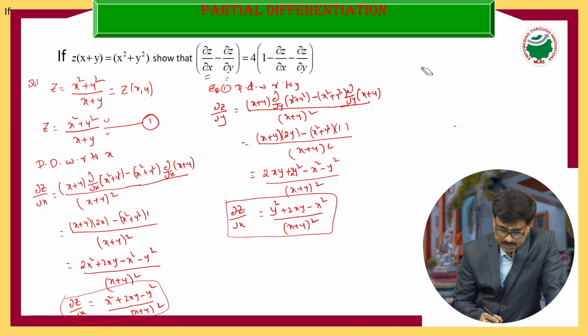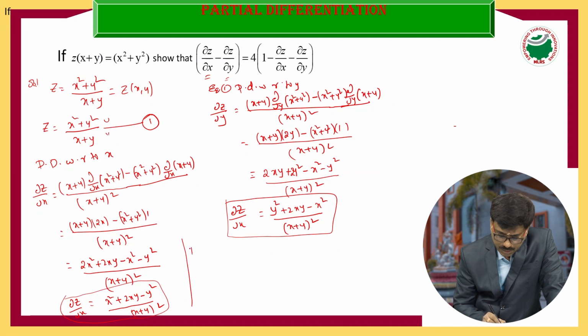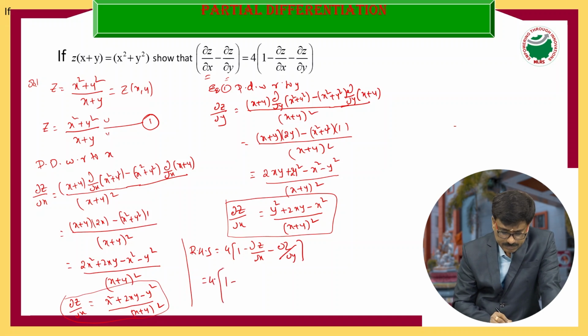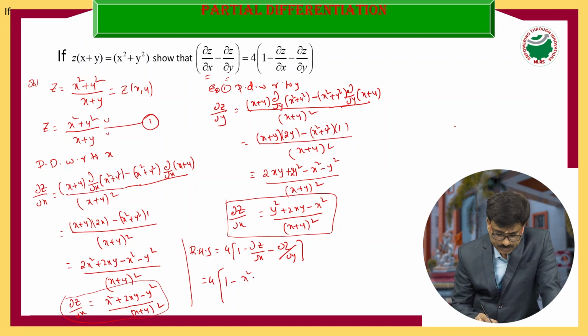Let us take this RHS. What is the RHS value? 4 into 1 minus dou z by dou x minus dou z by dou y. What is dou z by dou x? If I multiply with a negative sign, this becomes x square minus 2xy plus y square.